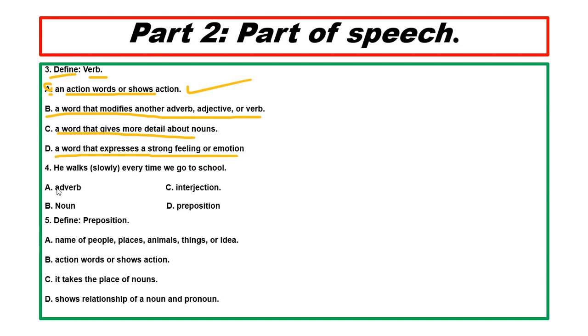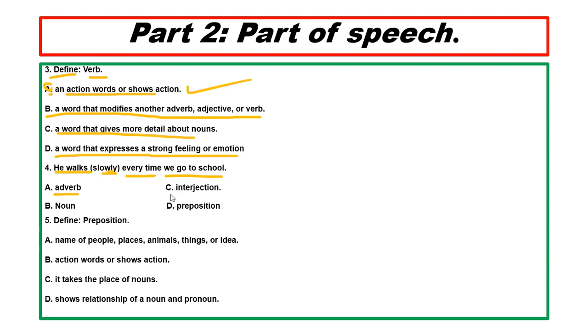Okay, so number four. He walks slowly every time we go to school. So he walks slowly, so it means very, very slow. So normally he walks slow every time we go to school. But when you put ly, it means that this one is very, very slow. Okay, so what do you think the answer? A, adverb.